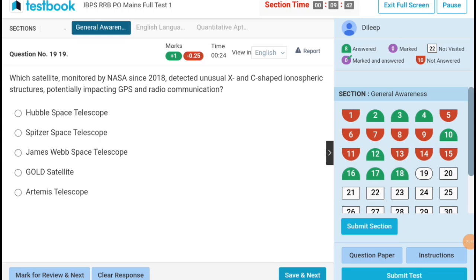I think Hubble or James Webb. I think gold.